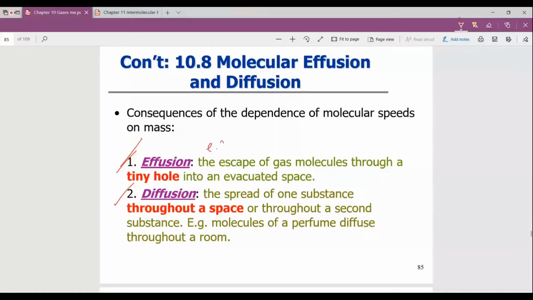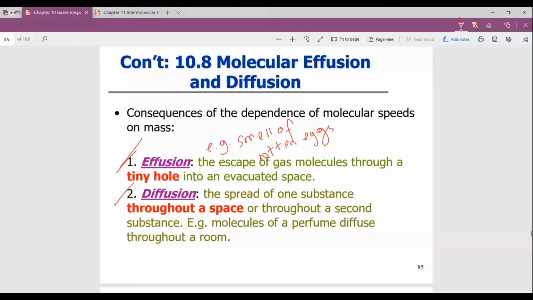An example is the smell of rotten egg. The smell of rotten eggs released when put in a large room can eventually be detected throughout the room, isn't it? So this is a kind of example.